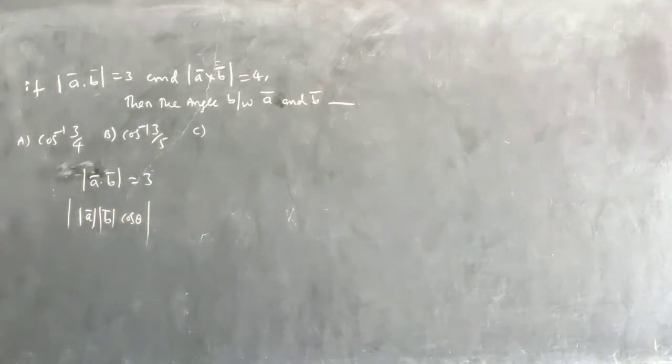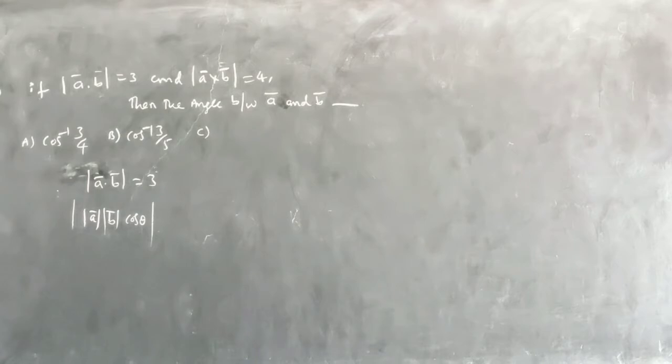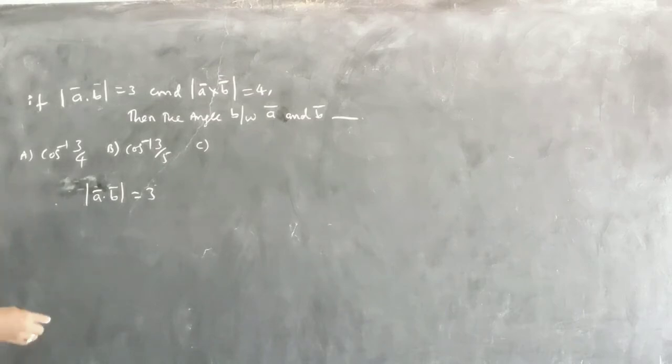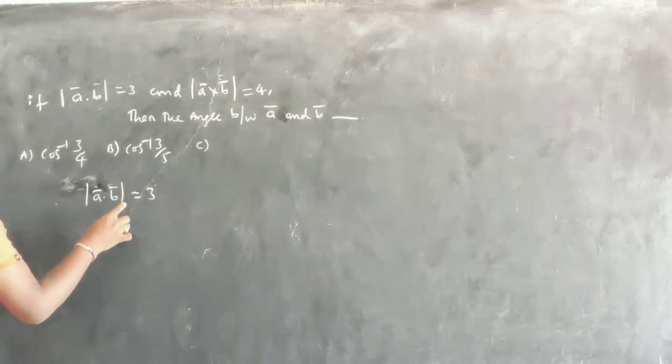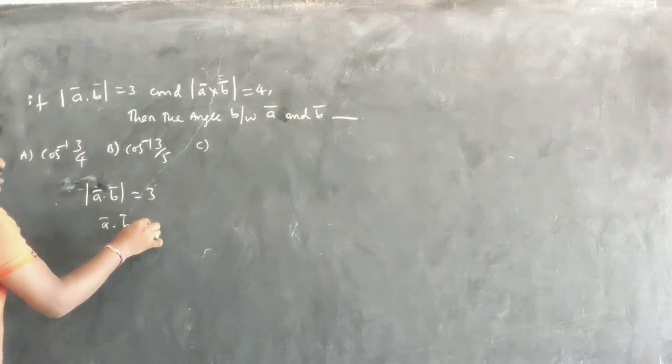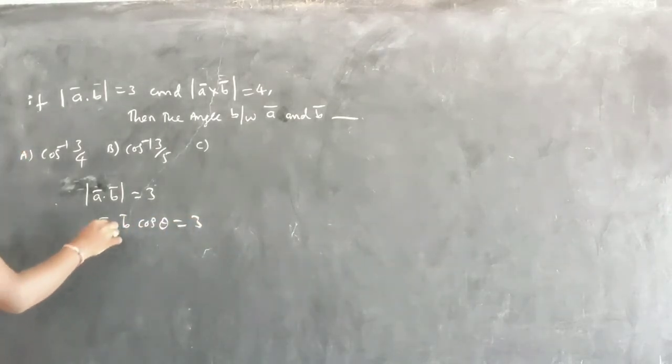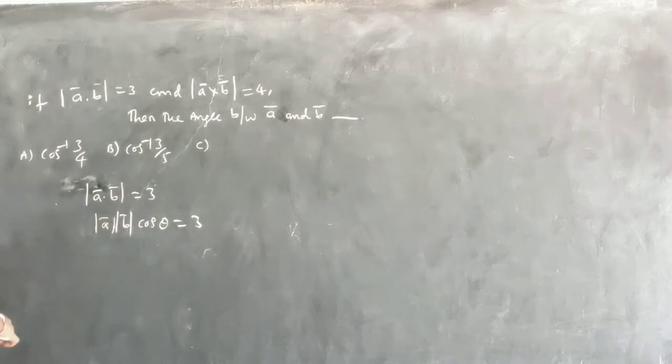I can write like this: mod A mod B cos theta is equal to 3, right? Mod of A dot B can be written as mod A mod B cos theta is equal to 3.